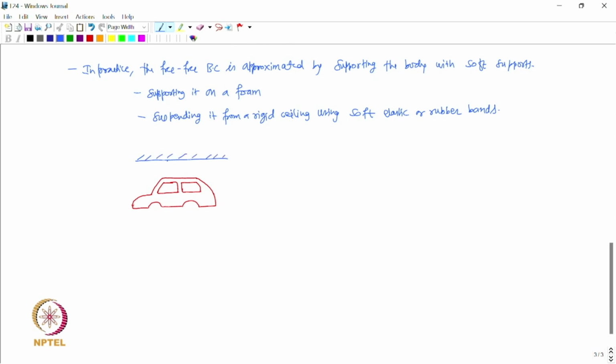We can have one band here going like this, and another band here like this, right. And then we can mount accelerometers at suitable locations like this, measure the response, and then maybe use a hammer to apply the force like this, and then measure the force signal and then measure the FRF.